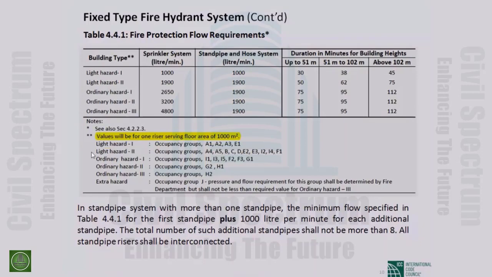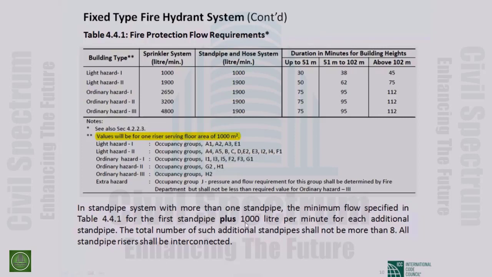Please note that these values are for one riser serving a floor area of 1000 square meters. So if your occupancy size is more than 1000 square meters, then you have to add something more, which is written in the following. In a standpipe system with more than one standpipe, the minimum flow is specified in Table 4.1 for the first standpipe plus 1000 liters per minute for each additional standpipe.